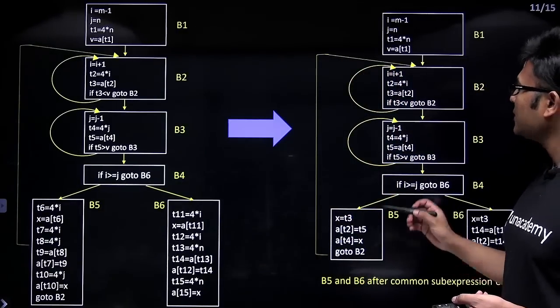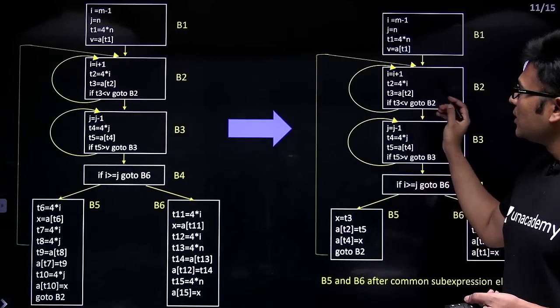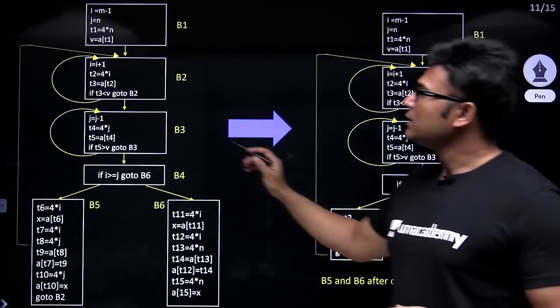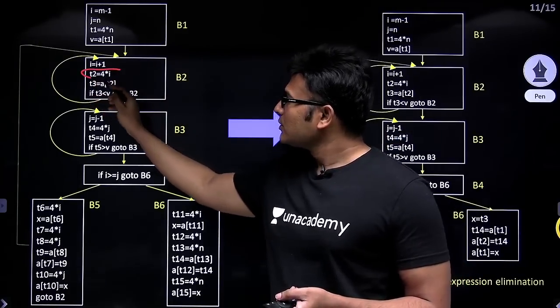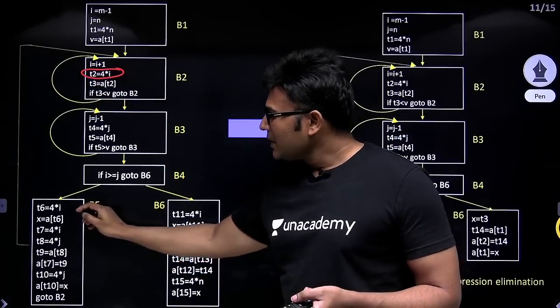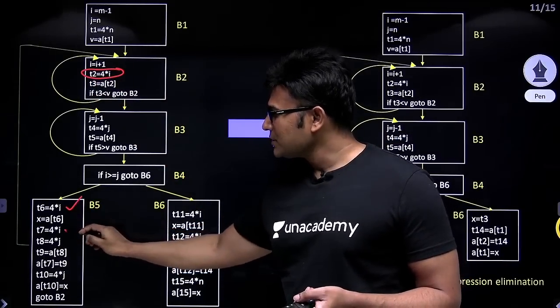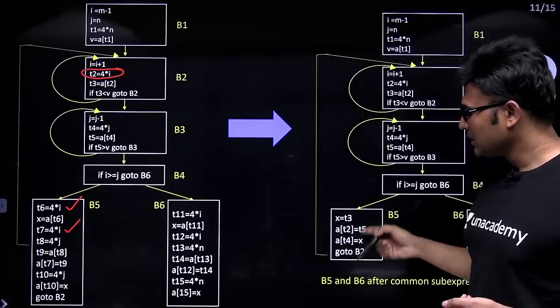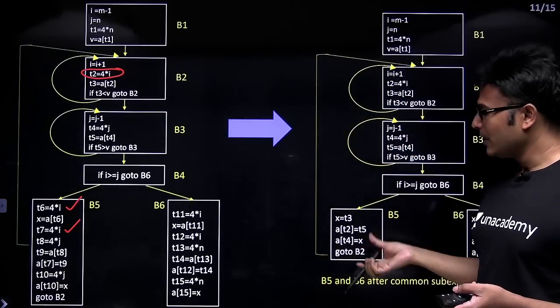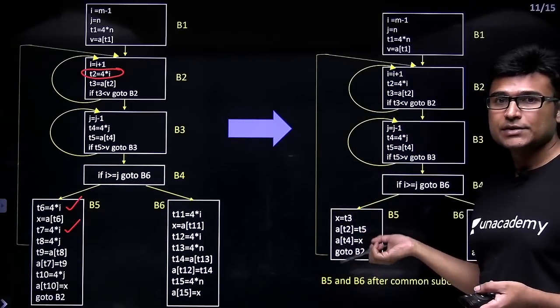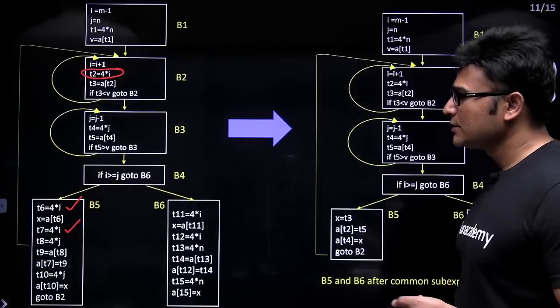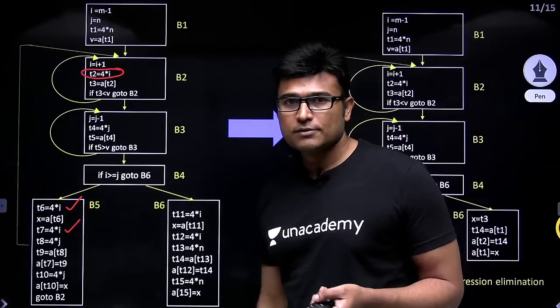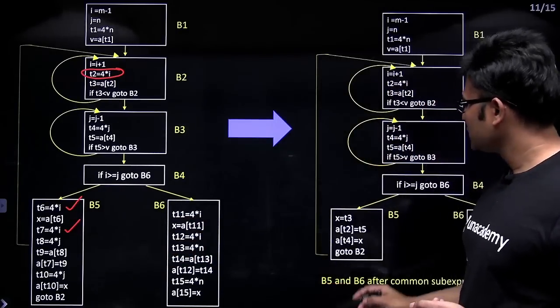So what has happened here is, 4 into I is computed here. Therefore I can completely eliminate T6 as well as T7. So you are not going to see T6 and T7, right? The number of lines is now much smaller. Wherever T6 and T7 were earlier used, I have simply replaced them with T2.